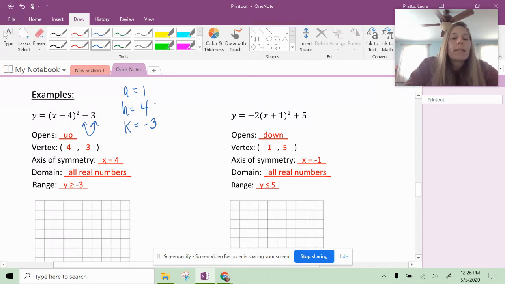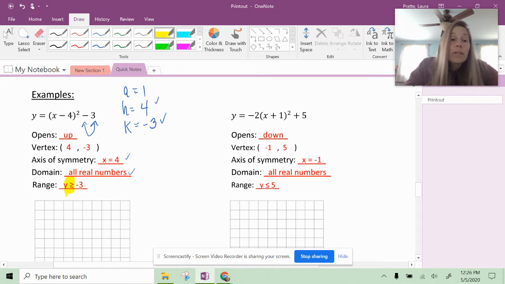We know the vertex is going to be a combination of my h and my k, so it's 4, -3. And we know the axis of symmetry is going to be x equals that h value, which in this case is 4. So x equals 4. The domain is always all real numbers, and the range will be y is greater than or equal to, since our a value is positive, and then that k value, which is -3.